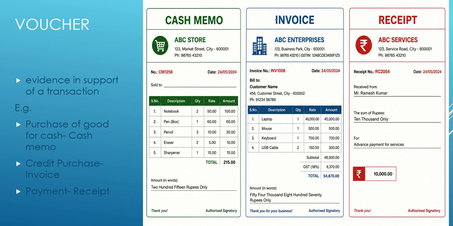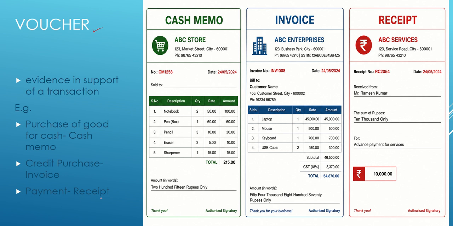Then voucher. All the transactions will have some evidence underneath. Supposing you purchase the goods for cash, you will have a cash memo. If there is a credit purchase, you will have an invoice. If you made any payments, you will have a receipt.